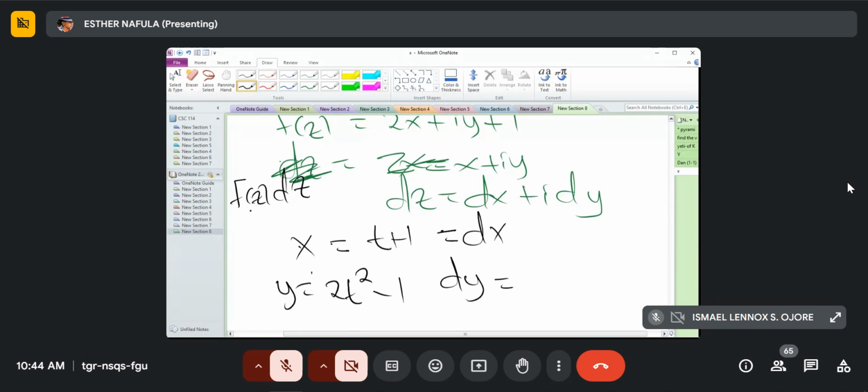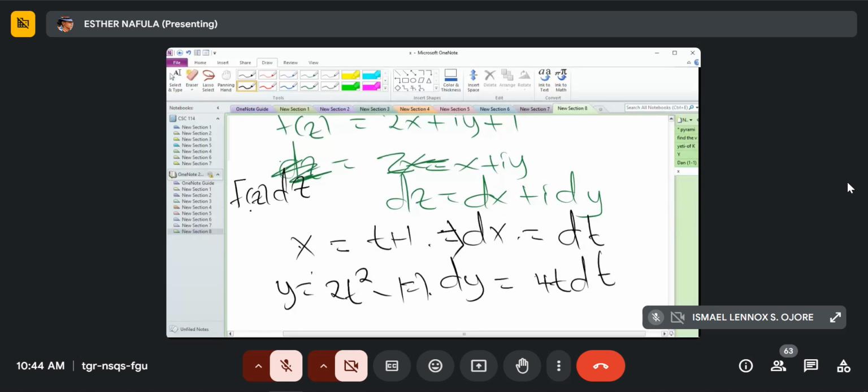So if x is t plus 1, what is our dx? dx is dt. What is our dy? 4t dt.